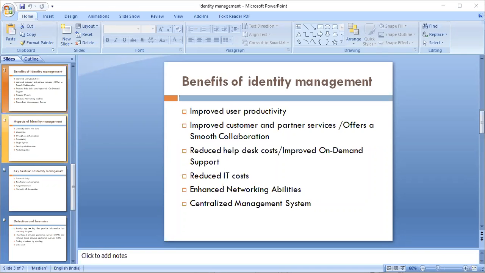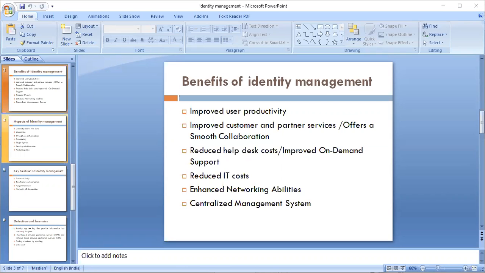Whoever is working over the cloud, we know that all the customers or the hosts just need to have a good internet connection, and once they are authenticated by the identity management, they can collaborate easily. So the inbuilt collaboration feature is also there.